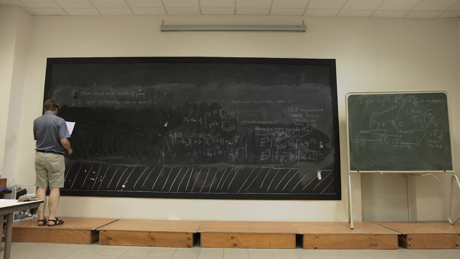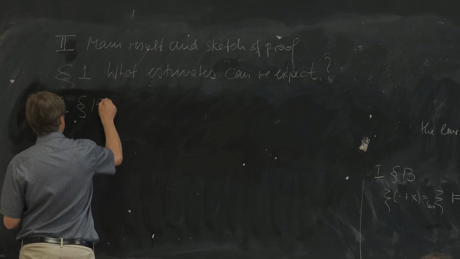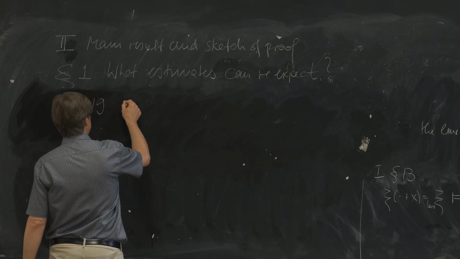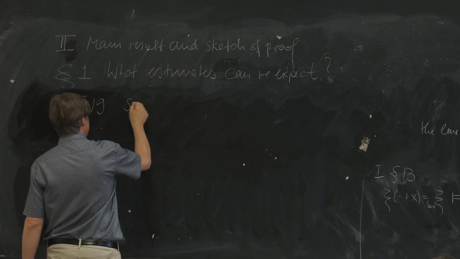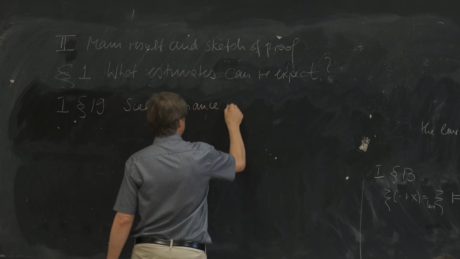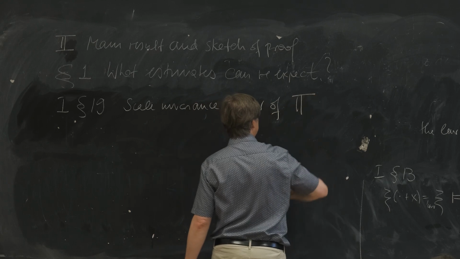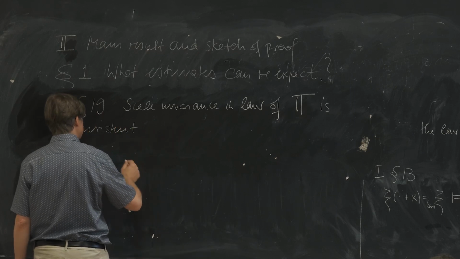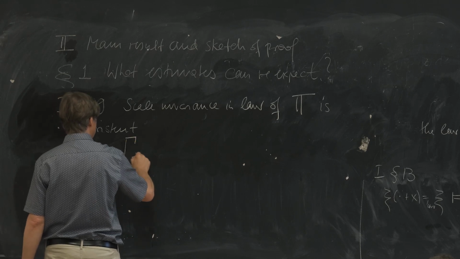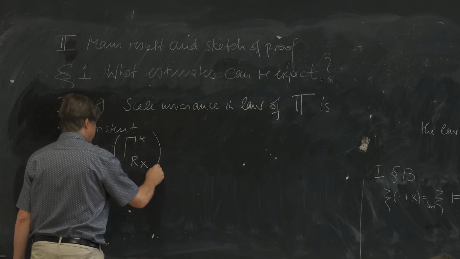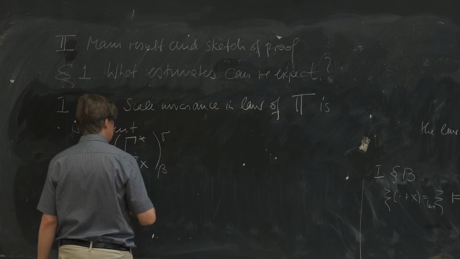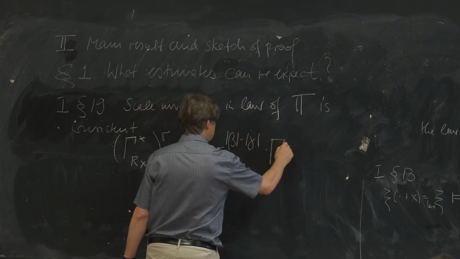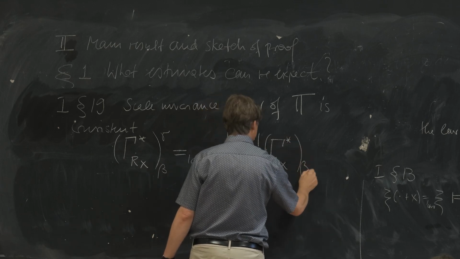I plan to state that in section 19, where I said that the scale invariance in law of pi is consistent, and that's an easy argument which is in the script, with the following scale invariance in law of our change of base point transformation, namely that this should scale in law like r to the beta minus gamma, gamma star x beta gamma.